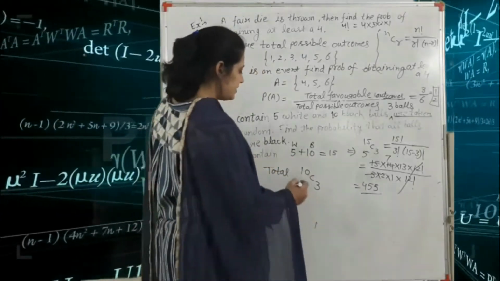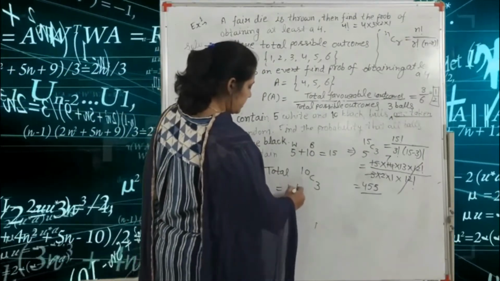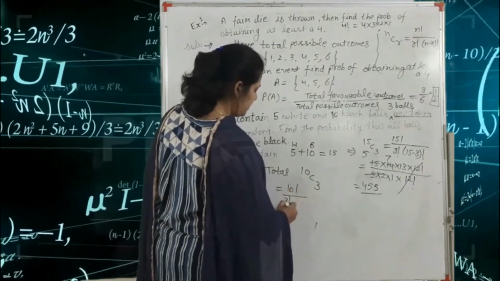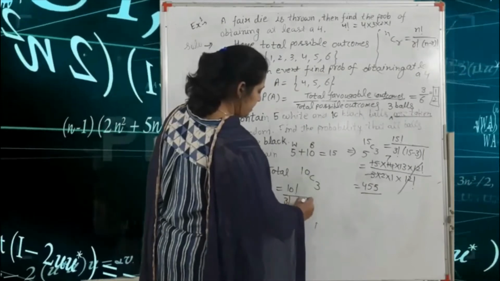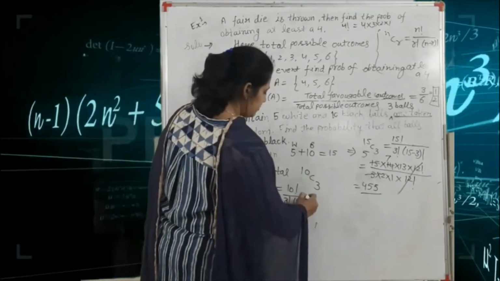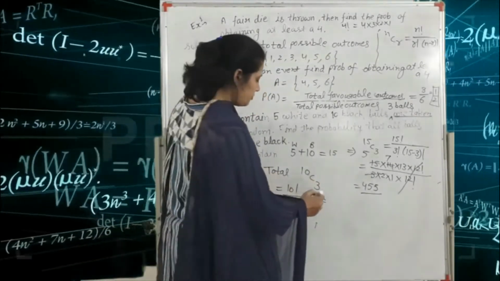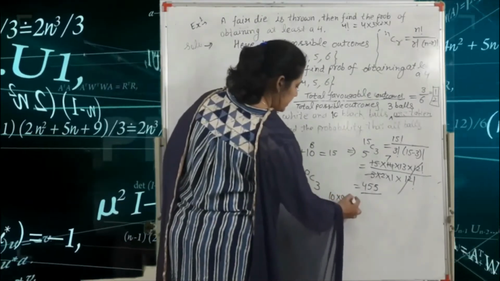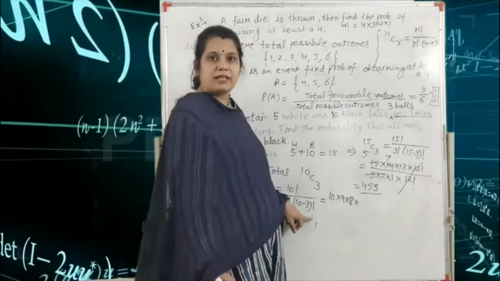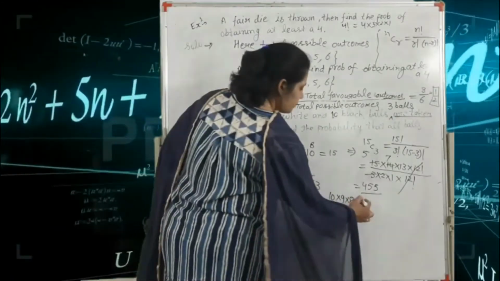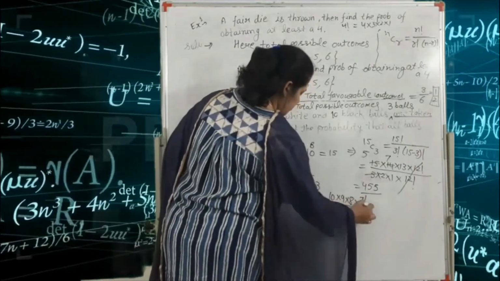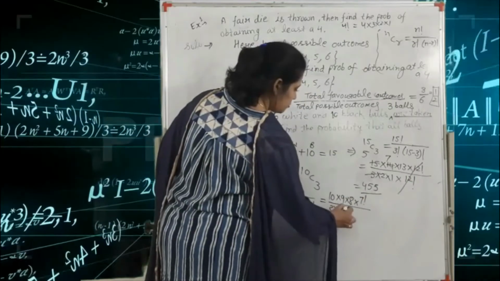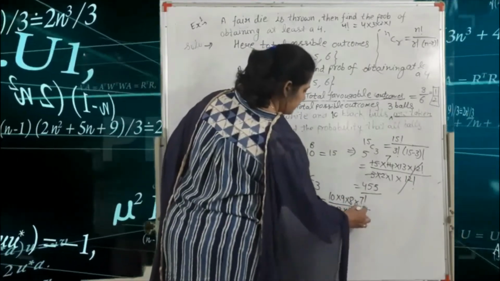So 10C3 means factorial 10, divided by factorial 3 into factorial 10 minus 3, that means factorial 7. Open this term: 10 into 9 into 8 into factorial 7, and here 3 into 2 into 1 and factorial 7.